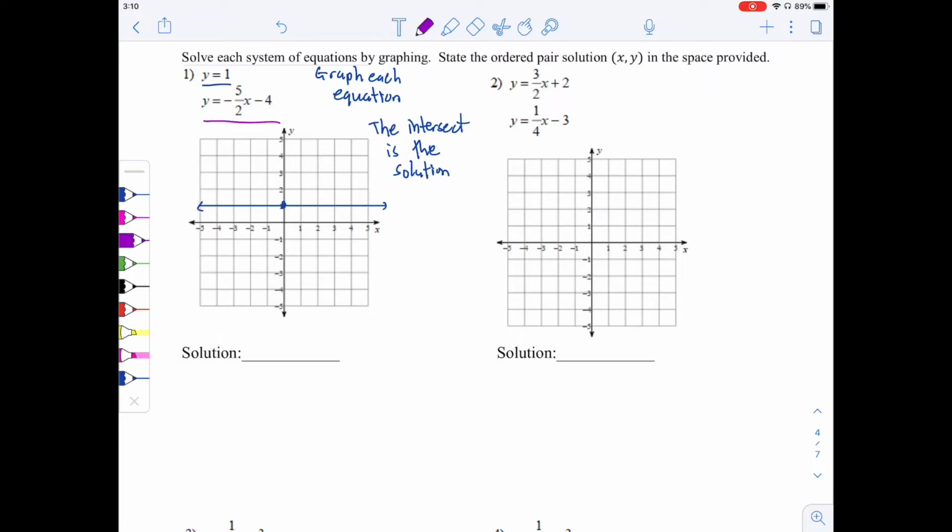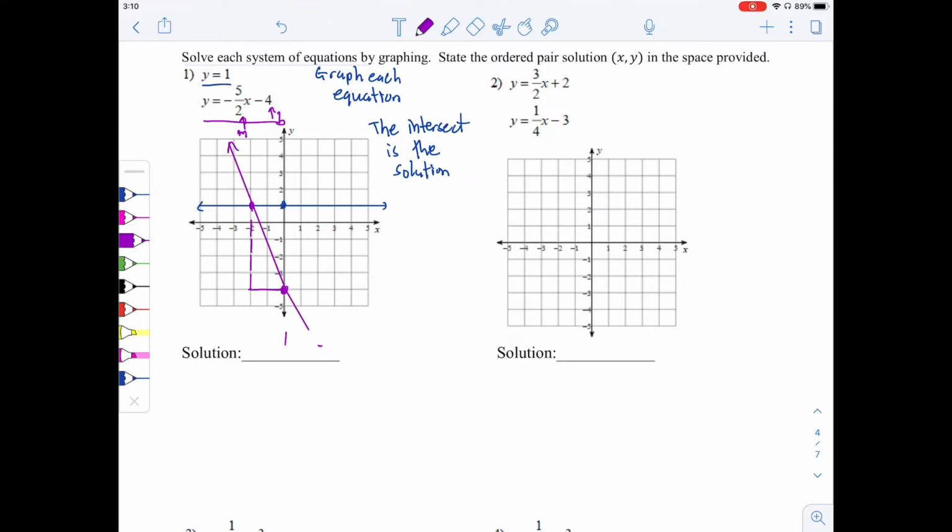The second one right here, we know our y-intercept is -4, that's our b. Our slope is -5/2. So we're going down 5, right 2. Well, you run out of space, so we have to follow the pattern. Left 2, up 5, right there. And we draw a line through there.